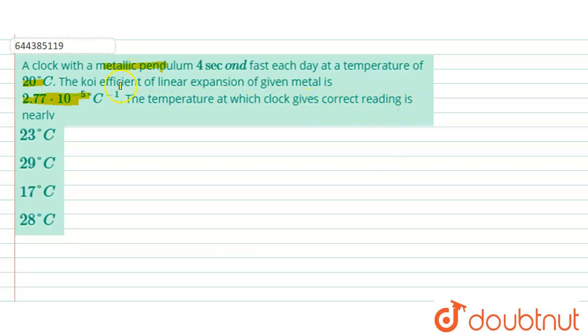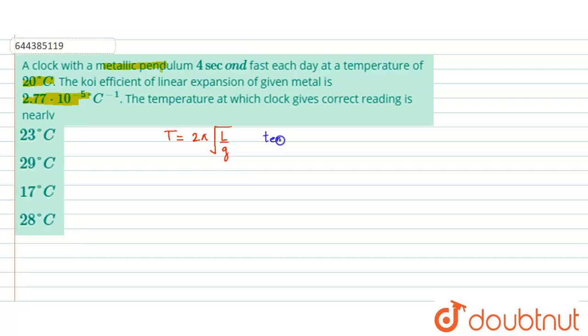So let us first see the relationship of temperature with the correct or incorrect reading of the pendulum clock. Now we know that the time period of a pendulum clock is given by the formula 2 pi square root L, where L is the length of the pendulum, divided by g. Let us first understand the relationship between the length and the time period. As the temperature changes, let us denote the temperature by small t.